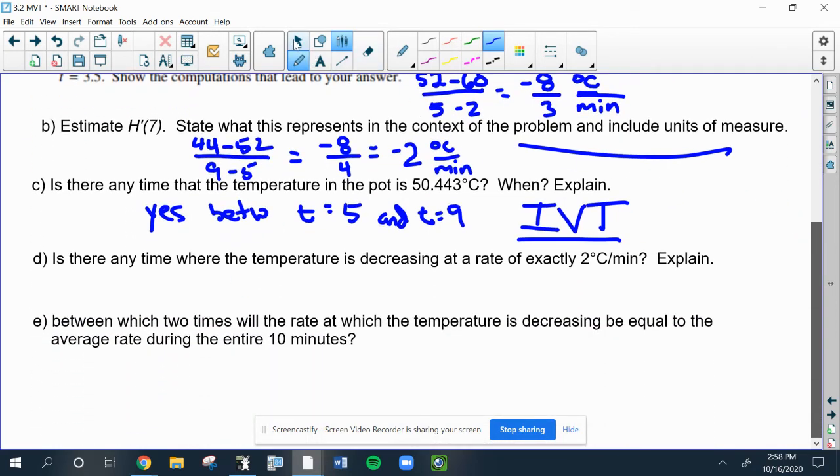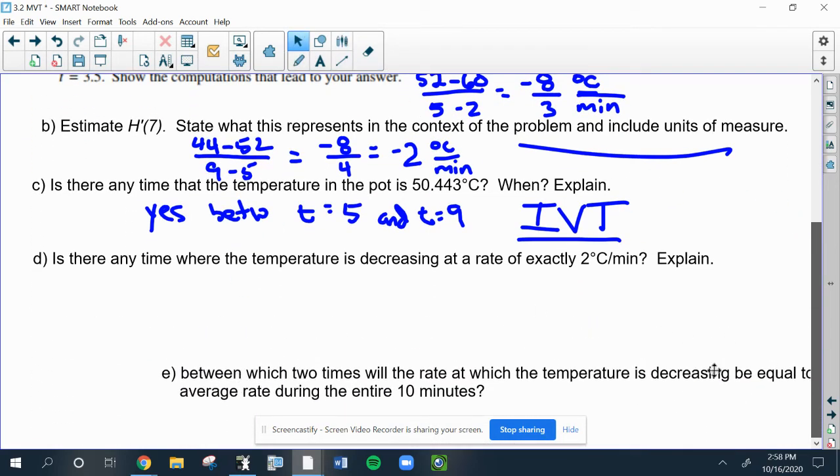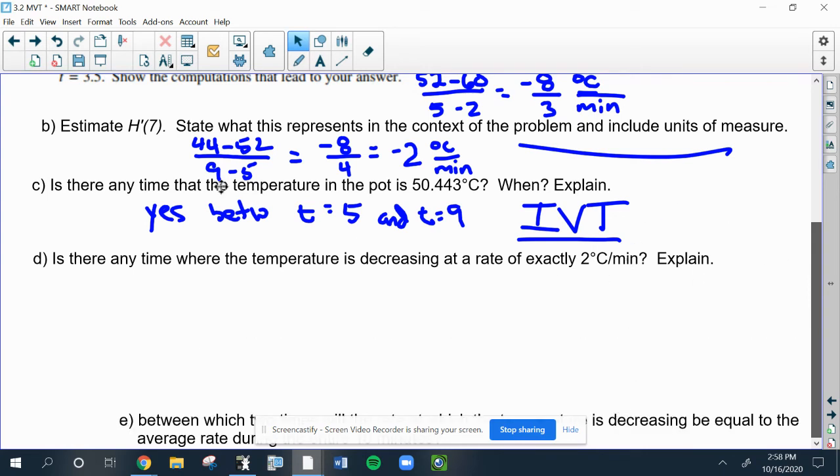Finally, because we're going to skip B, it's kind of a dumb question. Is there any time when the temperature is decreasing at a rate of exactly 2 degrees Celsius per minute? Explain. Exactly would mean a derivative. Derivative means the change at a single point.